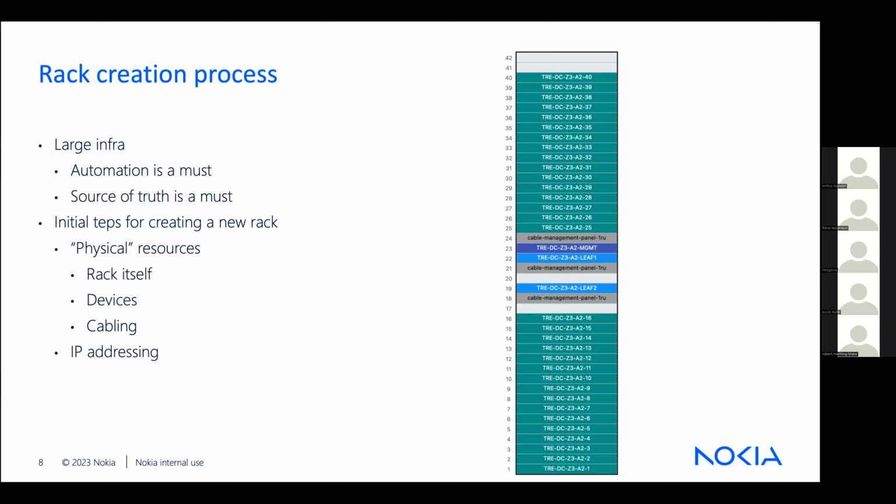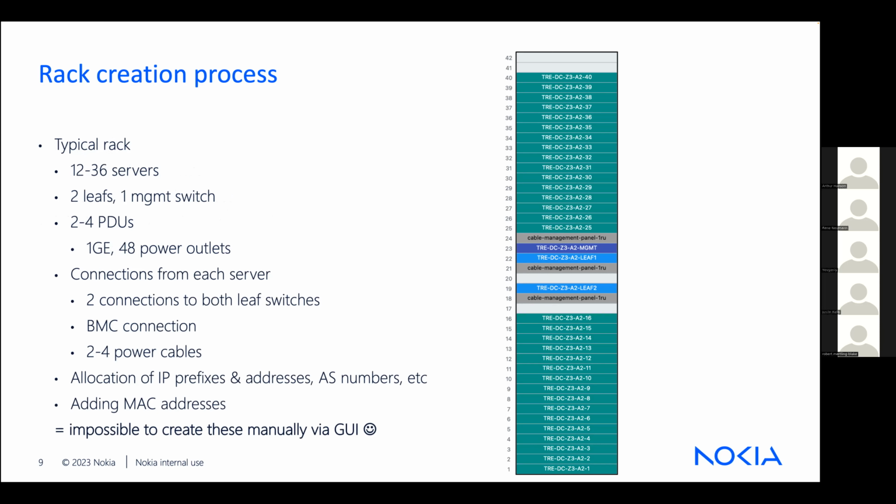The initial steps for creating a new rack are regardless of the rack role, whether it will be on OpenStack or Kubernetes: we need to add the rack itself, add the devices into the rack, document the power and interface cabling, and allocate IP addresses and prefixes. Then depending on the use case of the rack, we add tags, AS numbers, assign config context, and so on for that specific deployment type.